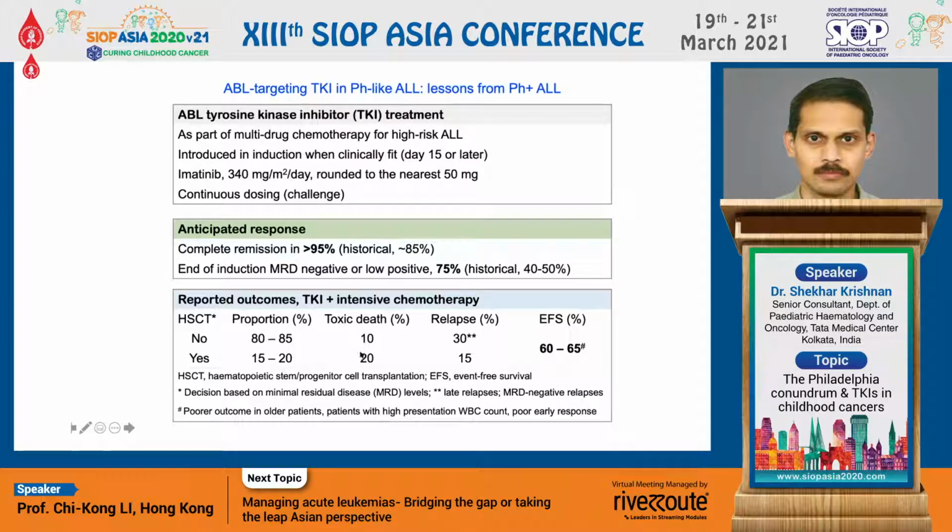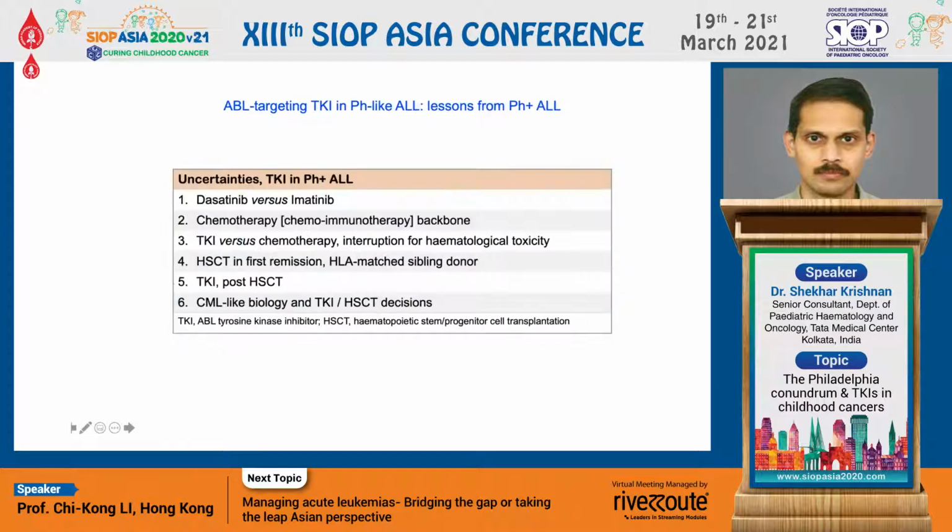If HSCT is introduced, deaths are higher, relapses are fewer. So overall, it evens out. These are some of the uncertainties of which is the right approach. Is it dasatinib or imatinib, which chemotherapy backbone? All these are some of the continuing questions, whether we should transplant in first remission, etc.